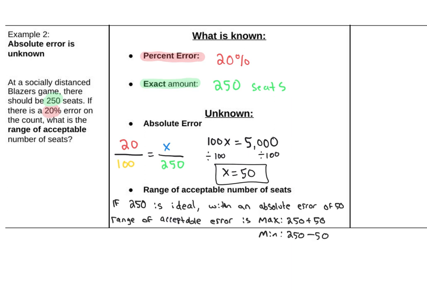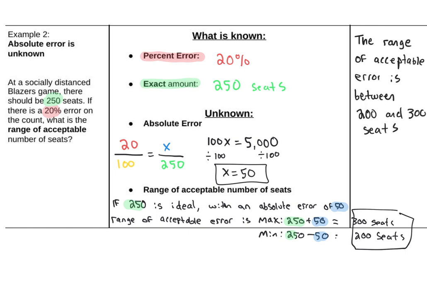If 250 is our ideal, and we have an absolute error of 50, then that range of acceptable error is a maximum of 250 plus 50 seats, or 300 seats, and a minimum of 250 seats minus 50 seats, or 200 seats. That would be our range of acceptable error.